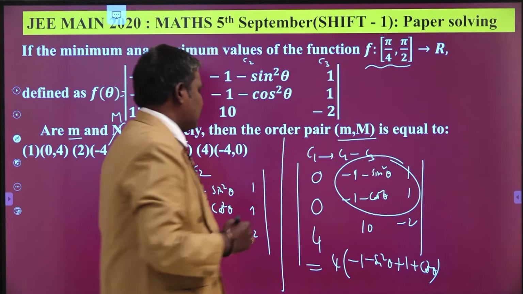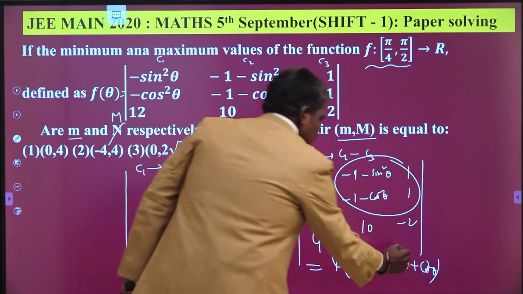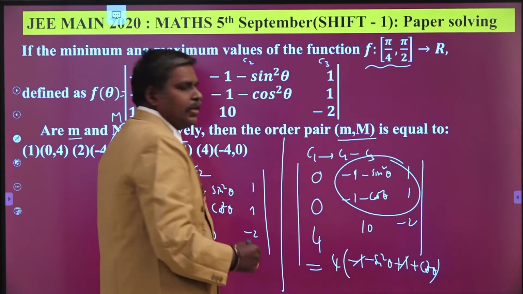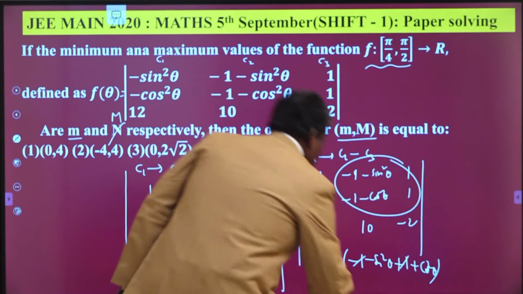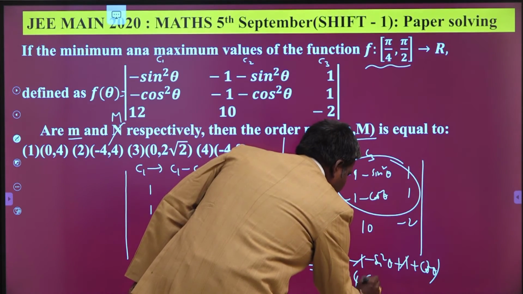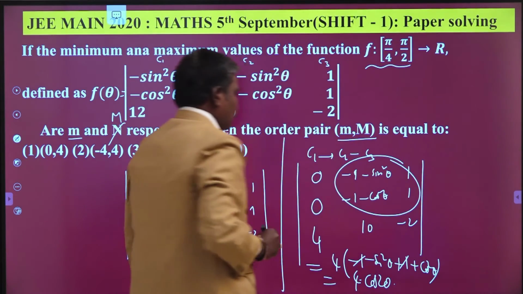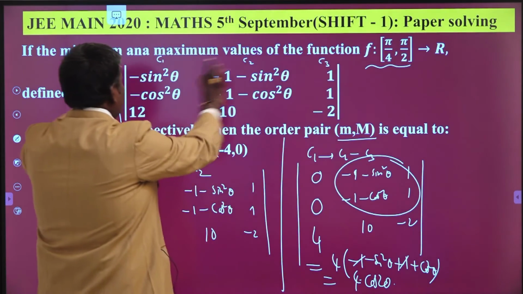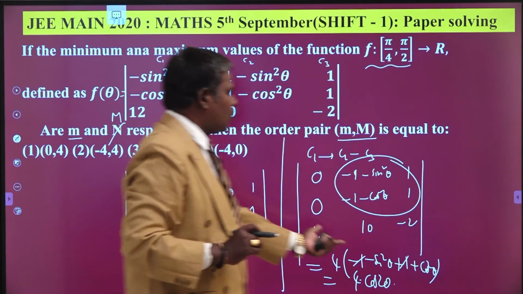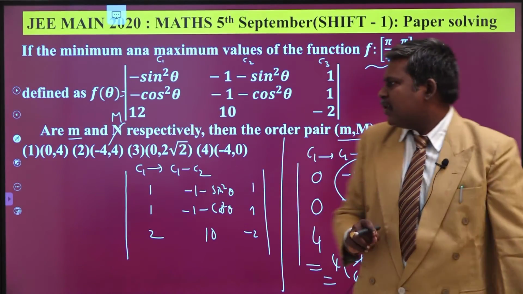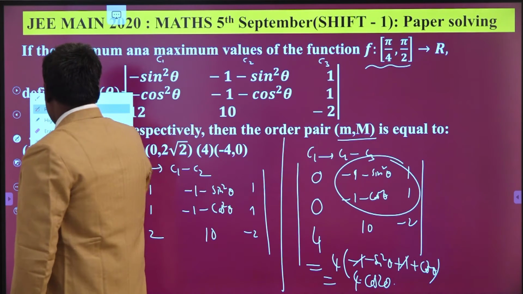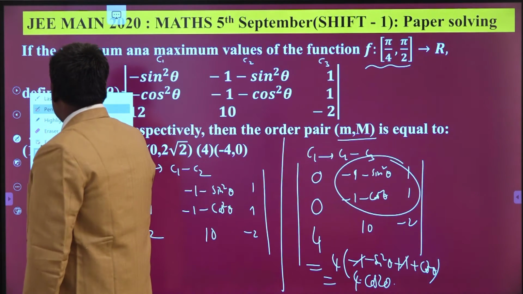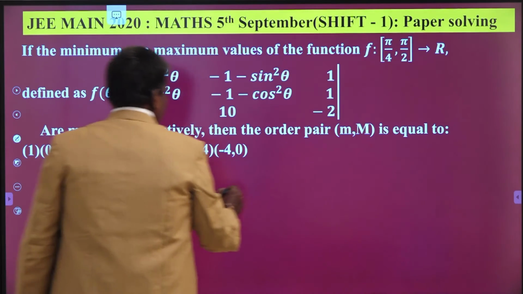Plus 1 minus 1 gets cancelled. We have 4 into cos square theta minus sine square theta. What is the value? Cos 2 theta. So the entire determinant value is 4 cos 2 theta.